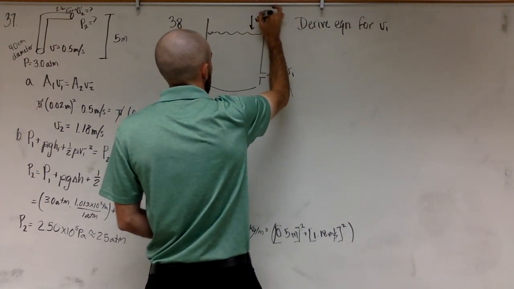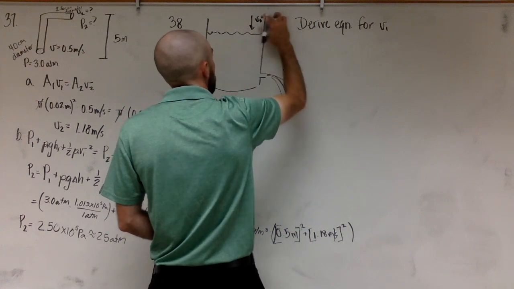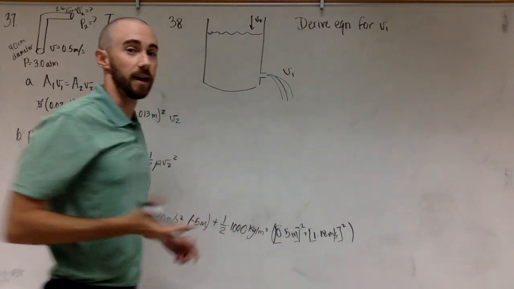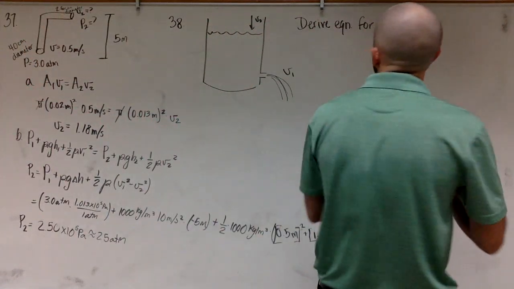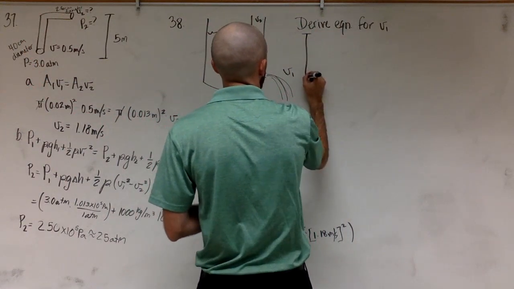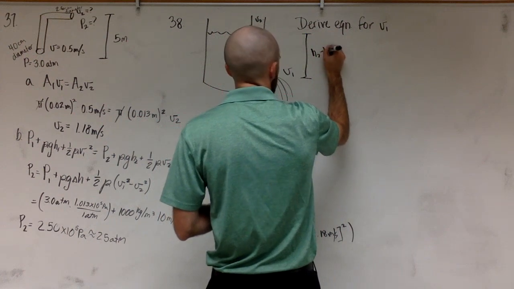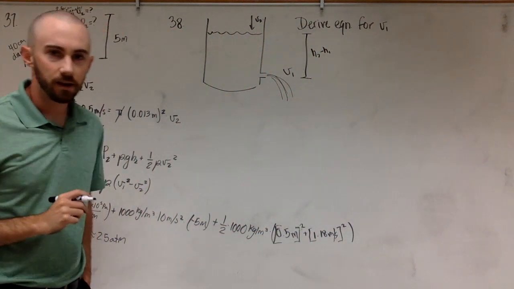The rate at which the water is going down is V2. Let's say this is like a giant vat, sufficiently large that you can barely tell the water's going down. And that there's some height between these. This is H2 minus H1. It's the difference in height.